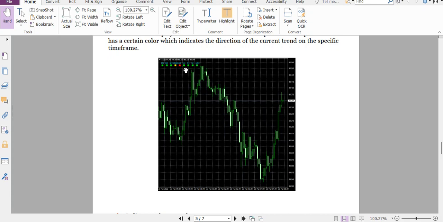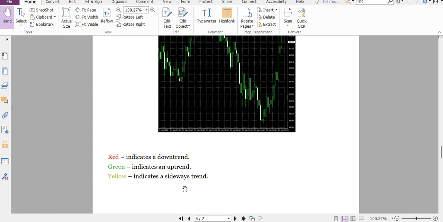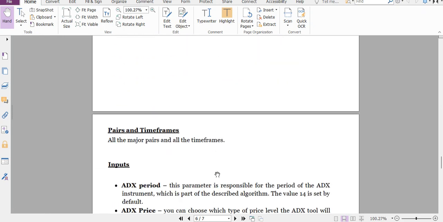Red means the trend is a downtrend. H1 means the 1-hour time frame, so on 1-hour candles this pair is in a downtrend. Green indicates an uptrend, and yellow shows you a sideways trend.